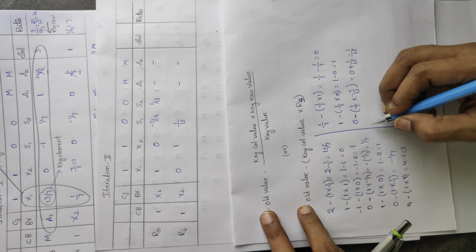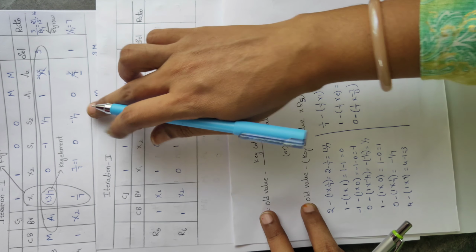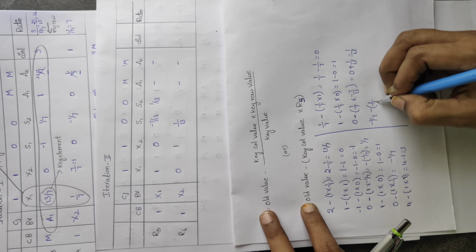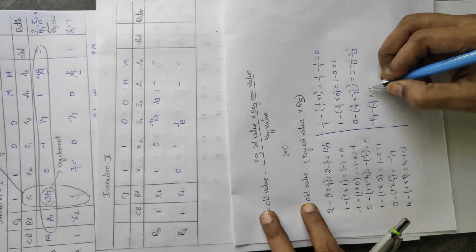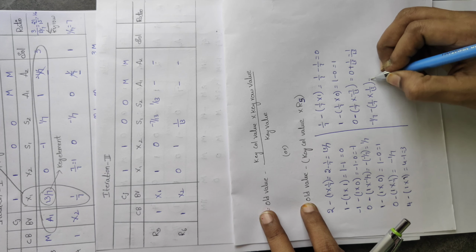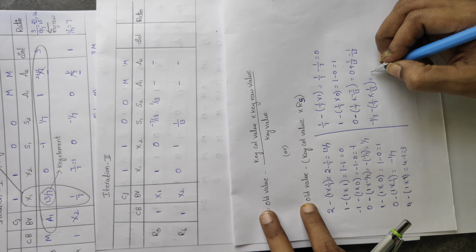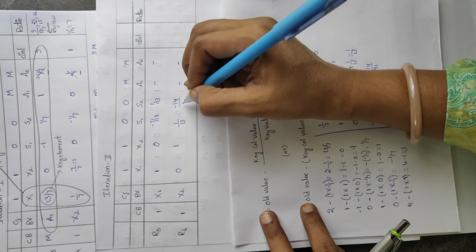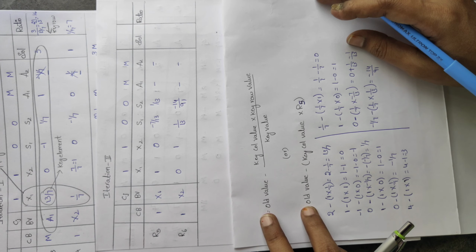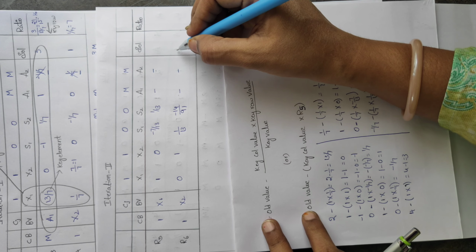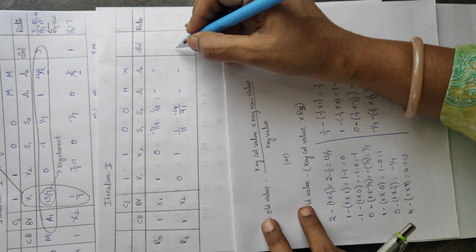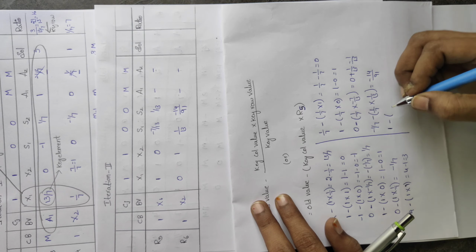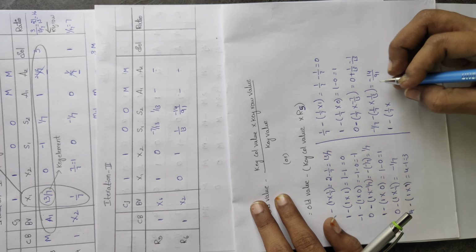Next old value is minus 1 by 7. Minus 1 by 7 minus key column value, 1 by 7, into R5 value, 1 by 13, equals minus 14 by 91. Here the solution is here. Old value is 1 minus key column value, 1 by 7, into R5 value.